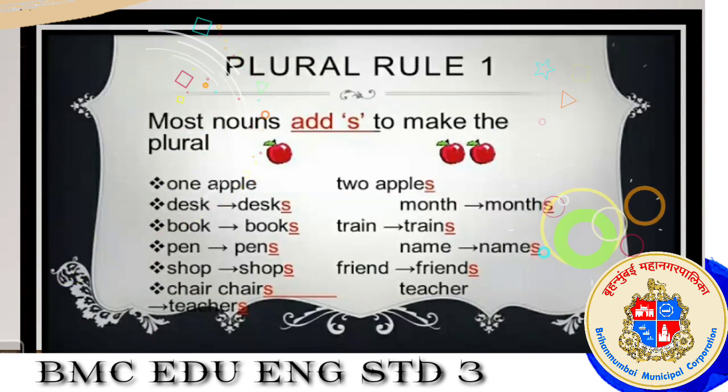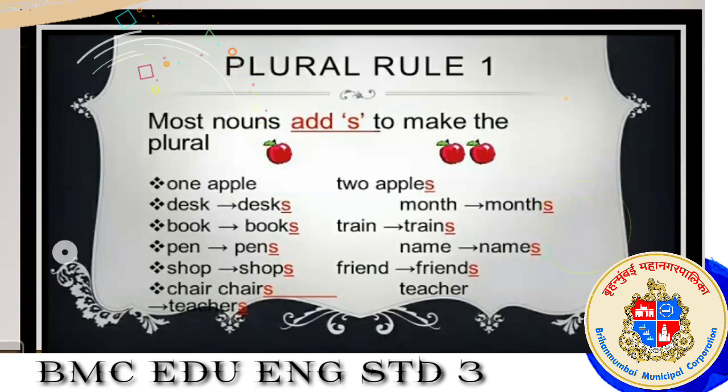S is added. So apple, apples. Desk, desks. Book, books. In singular, it is book, but in plural, it becomes books. S is added.